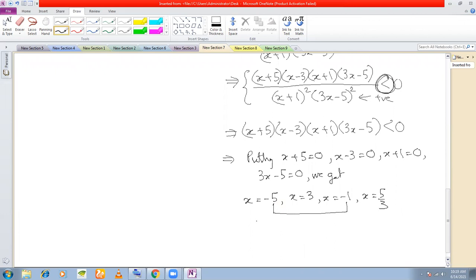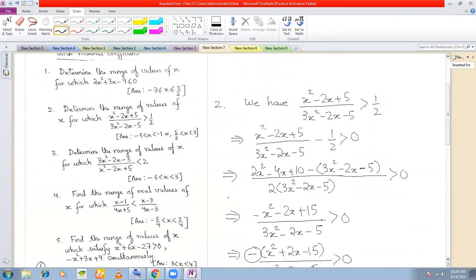What are the negative values here? Minus 1 and minus 5. That means x must lie between minus 5 and minus 1. And what else? What are the positive values? 3 and 5 by 3. And x must also lie between 5 by 3 and 3. That is the solution. For these values, this inequality will be satisfied always. Okay. Just give me a minute.